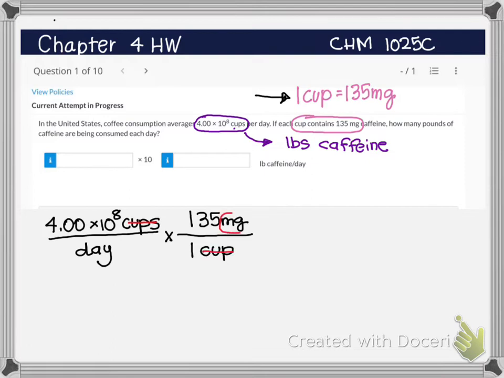And so now if I stopped, I would have milligrams per day so far, because I have milligrams in the numerator and day is still in the denominator. And remember, I mentioned that we're not really going to mess with day. It's just going to stay here. That's how they wanted it. They want to know per day.